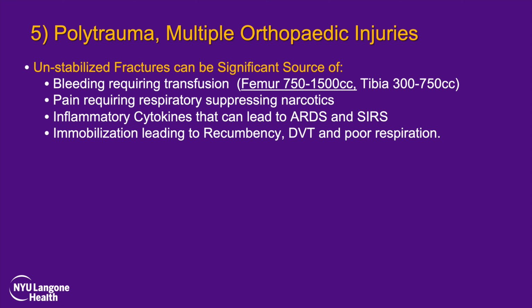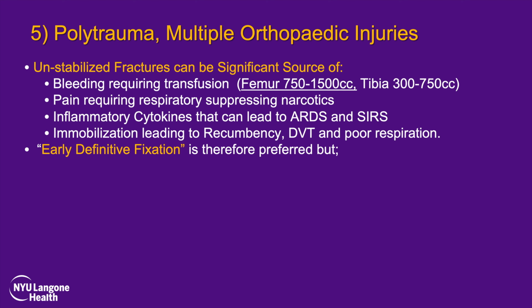They require respiratory suppressing narcotics, which is not good. And these injuries incite a somewhat cytokine storm that can lead to ARDS or SIRS. In addition, just immobilization and traction will lead to recumbency, DVTs, and poor respiration.